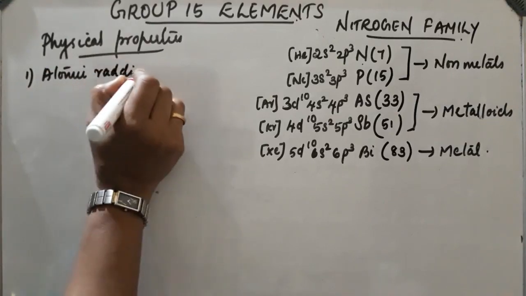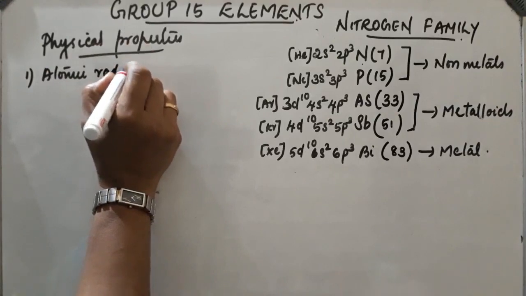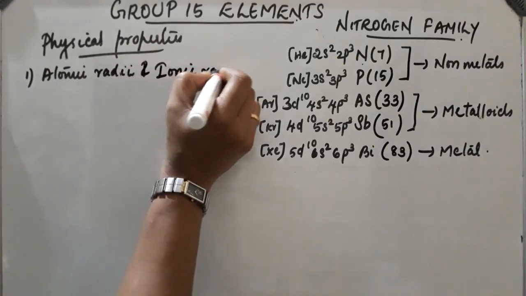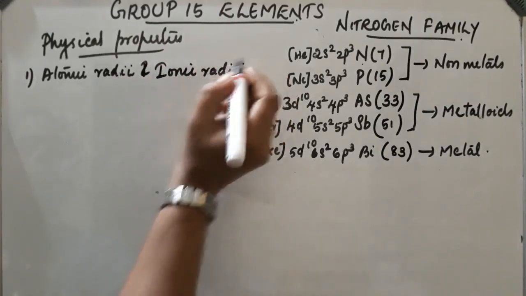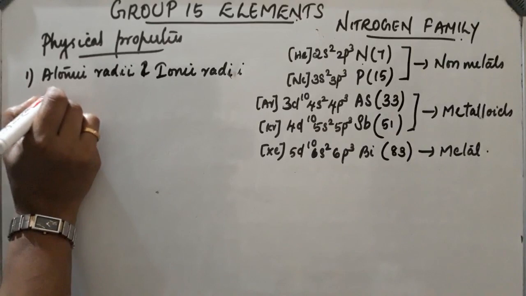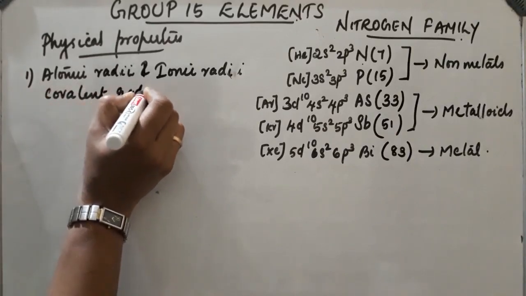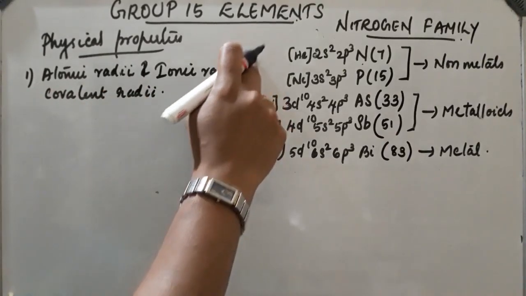Then ionic radii and covalent radii increase down the group because the size increases.